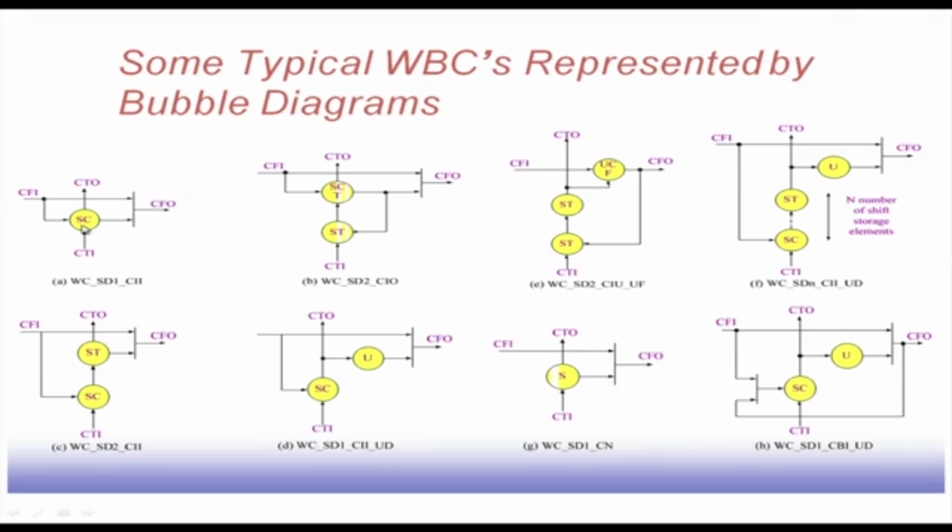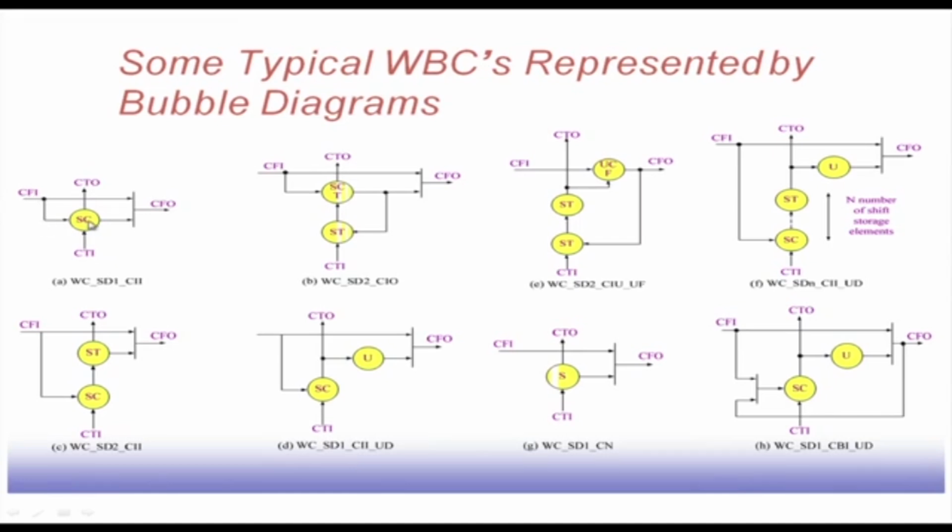So, this cell can do two operations, a shift operation or a capture operation. Since it is coming from CTI, it can do a scan operation: CTI to CTO, or it can do a capture operation from CFI.